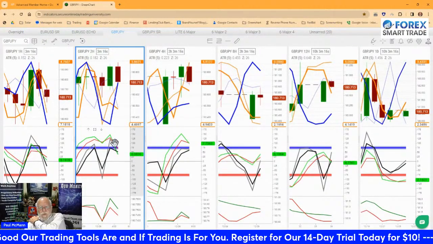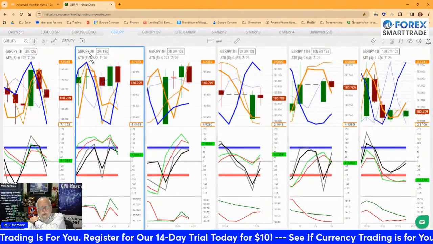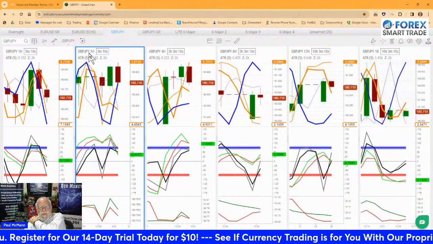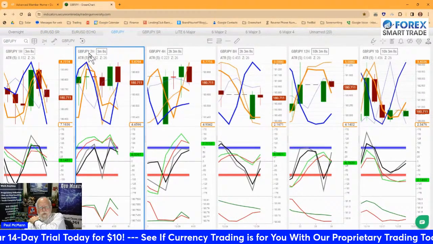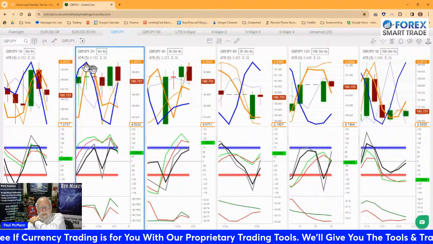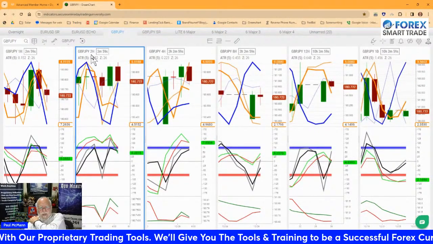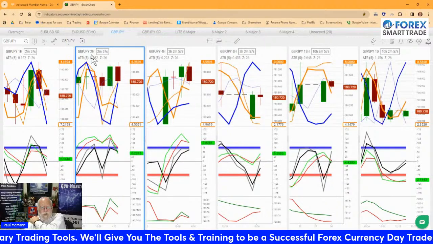You could do the 10-point trade off of a 2 hour chart. The only difference in using the 10-point signal on a 2 hour chart versus the 1 hour chart is it's going to take 2 to 6 hours for the move to happen, and the move is going to be worth more.